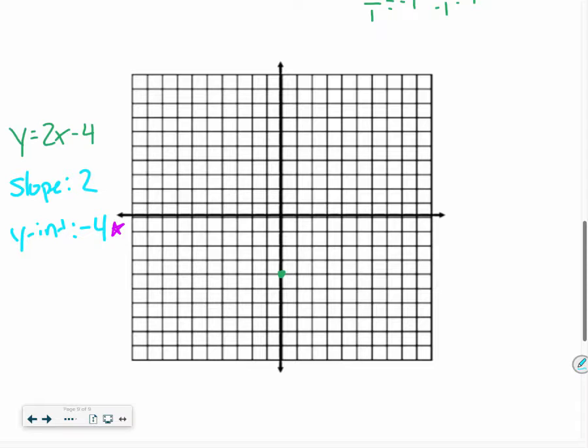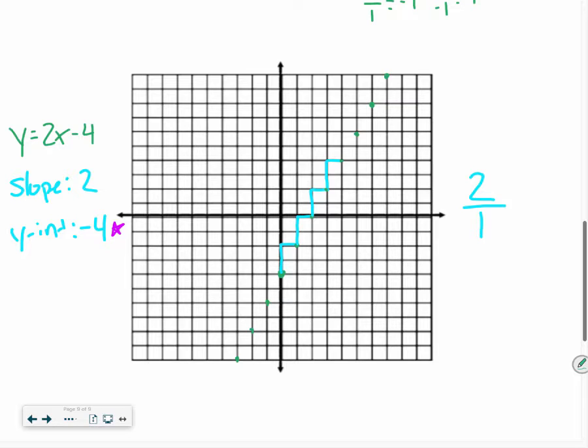And I go up 2 over 1. Up 2 over 1. And if you get to the point where you don't have to draw these steps in and you can just figure out where the next dot is going to be, that is perfectly okay.